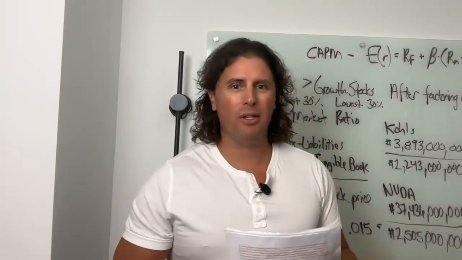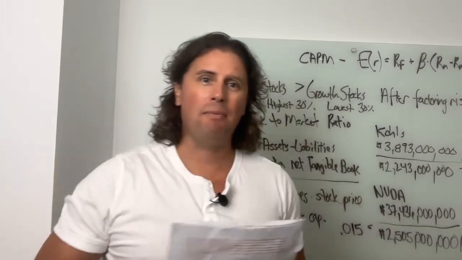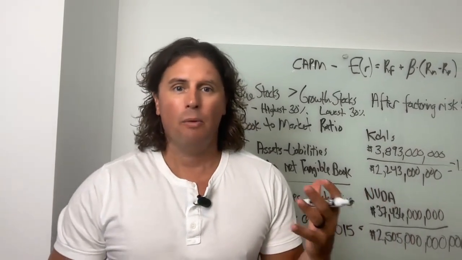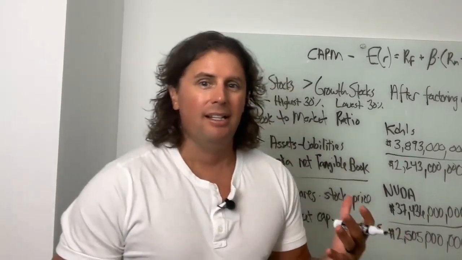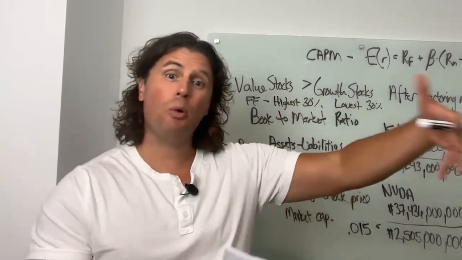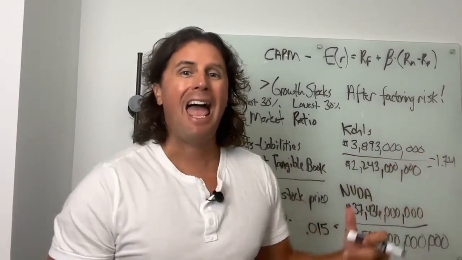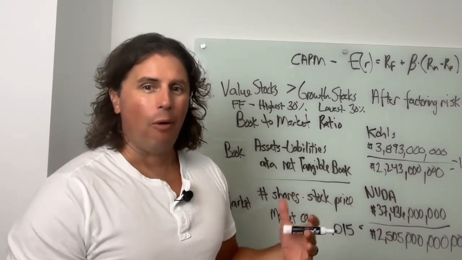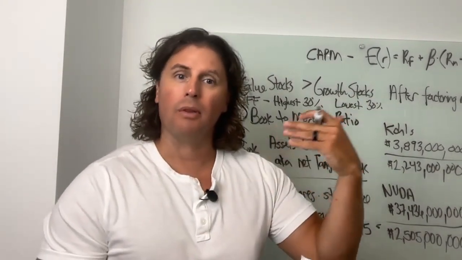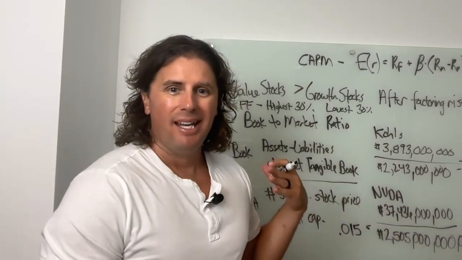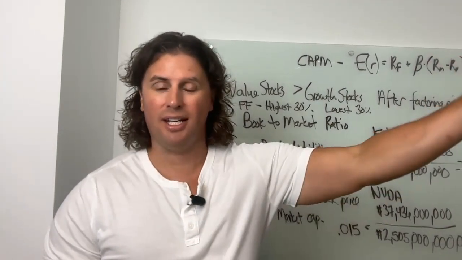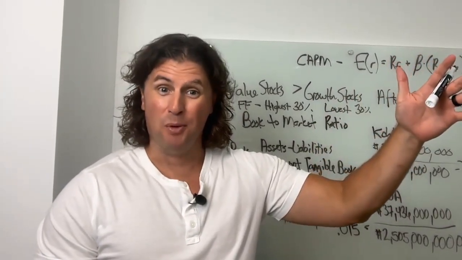Now, what you're going to notice though, before we make any broad conclusions and jump straight into value stocks, we have to also understand that this doesn't work all the time. Value stocks historically over a long period of time have outperformed. However, if we look at the last 15 years in our low interest rate environment, it's been all about growth stocks and just chasing all that momentum to the moon.